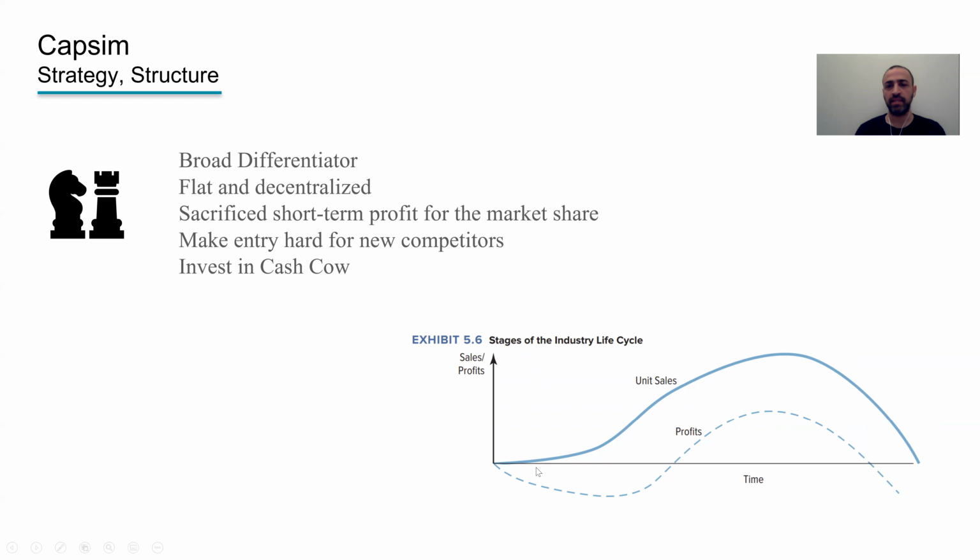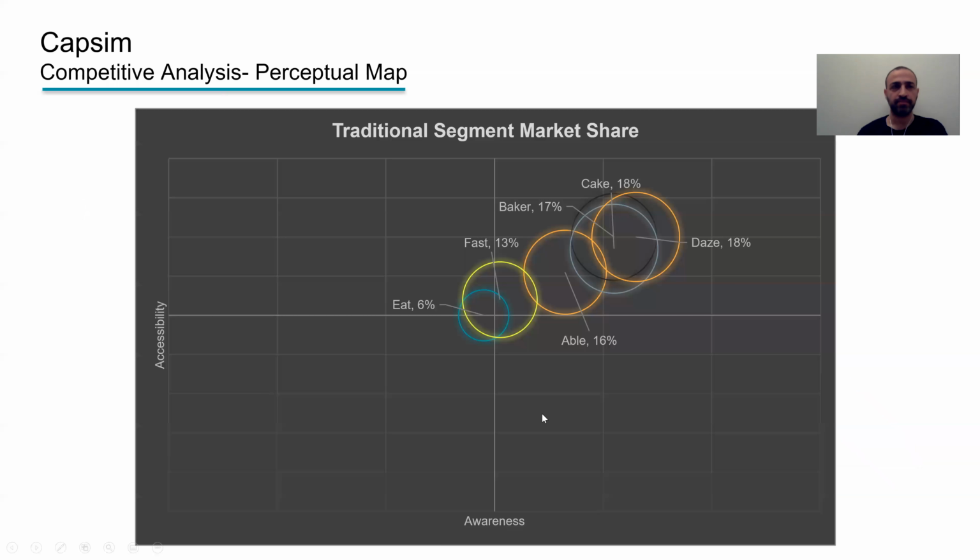In the beginning, we will have negative profits, which we had, and then in the growth stage, we will have profits. But we also have to be careful to have differentiation so that we can stay ahead of the competition, not going into the decline stage.